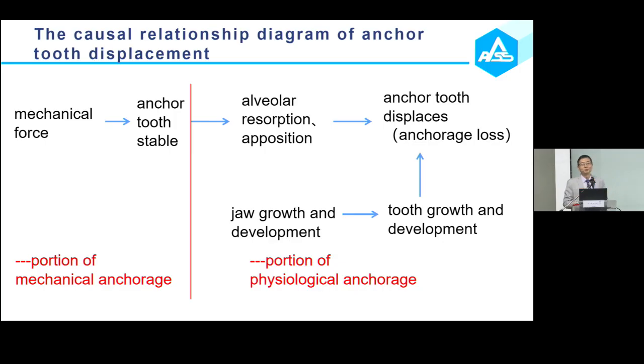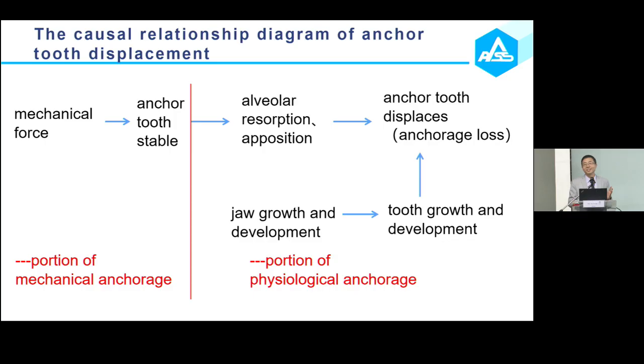For example, if we can invent a biological agent that could drop into the periodontal ligament, like the iodine glycerin, that can stop the formation of osteoclasts and osteoblasts, then do you still think the anchor teeth can move? No, it won't move.